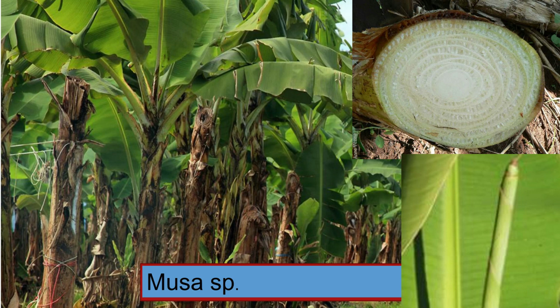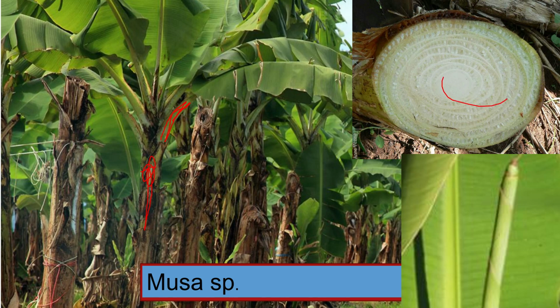Here you can see the banana plant. These are the leaf sheaths, and the spiral arrangement of the leaf sheaths results in the formation of the pseudostem. The distal part of the leaf sheath makes the petiole of the leaf, and this is the leaf blade or lamina.